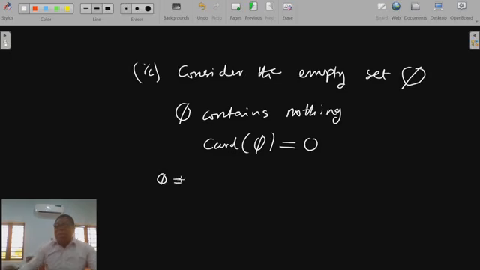And interestingly, this empty set as an interval can be written this way. I may decide to write the empty set in the form of an interval as follows.